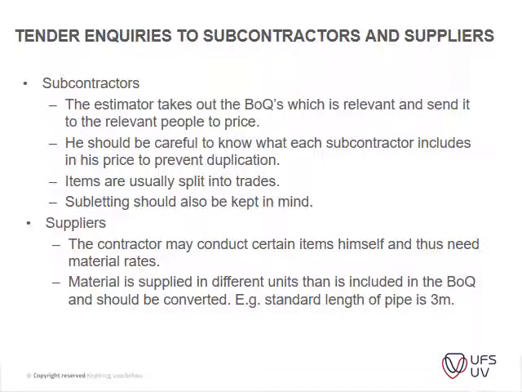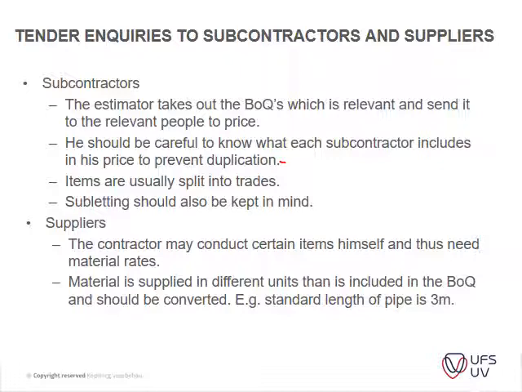Then your tender inquiries to subcontractors. Usually your estimator will send out the sections that he can identify quickly to subcontractors, to get feedback as soon as possible from them. You should be careful to know what each contractor includes in his price, and that there's no duplication.